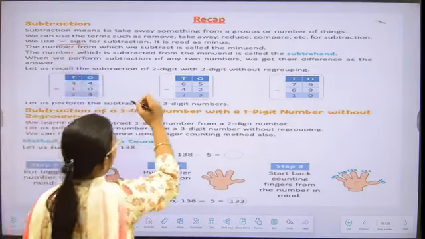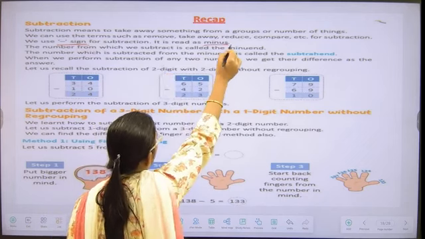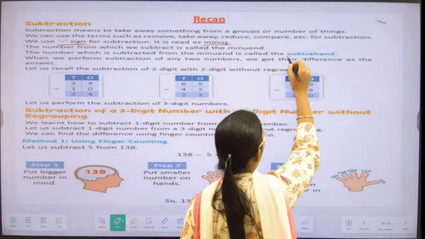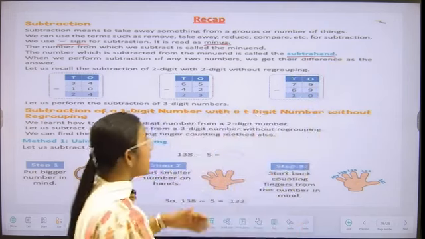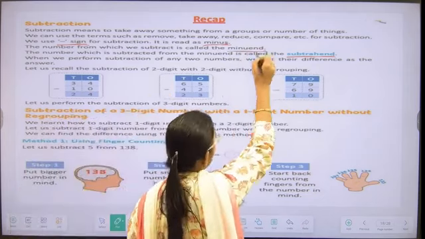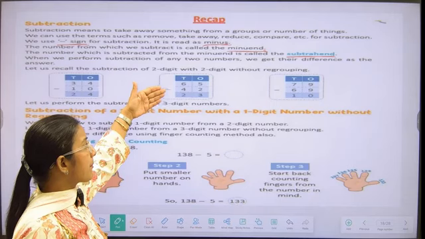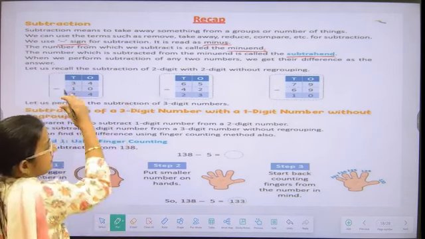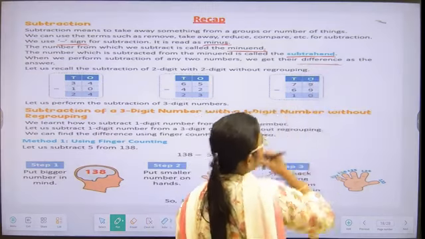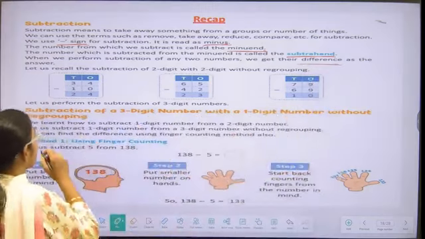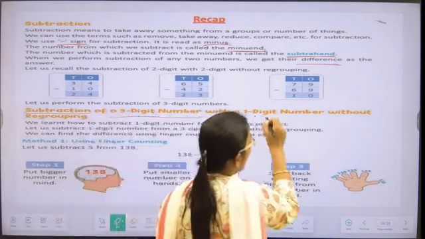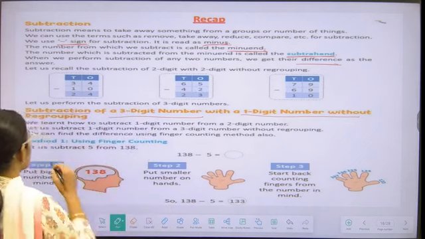The bigger number is called the subtrahend, and the smaller number which is going to be subtracted is called the minuend, and the answer of the subtraction is called the difference, student.